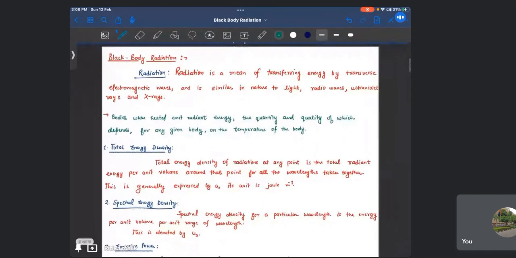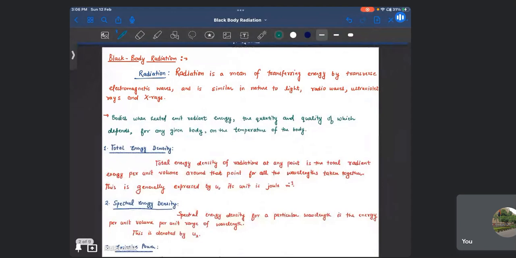So what is a black body? A black body is some kind of object which can absorb radiations and emit radiations. For example, if there is some sunlight acting on you and your body starts heating, that means your body is absorbing the radiations. And if you observe in an infrared camera, you can see that it also radiates in infrared.